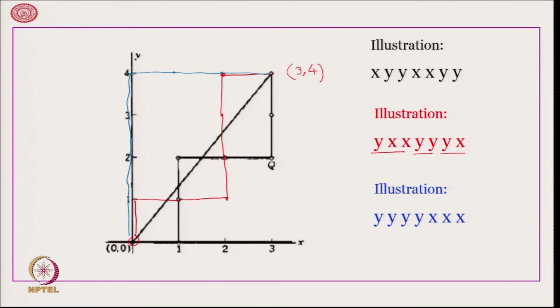Each arrangement will give rise to a different path. What is the advantage? With the help of these paths, we will be trying to compute the probabilities of the maximum difference d. How to do that? That is the mathematics that I am going to explain now.